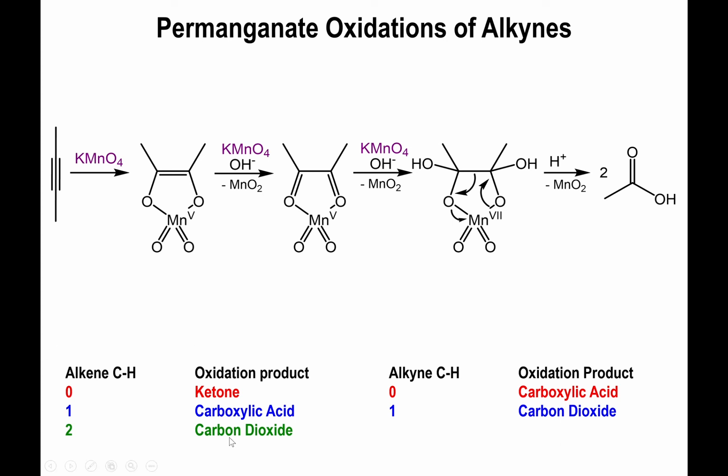This is the thing you want to really memorize in terms of what product you're going to generate. You still need to pay attention to the structure of your alkyne and alkene, but this informal mechanism is meant to give you an idea of what's happening and how you're forming these molecules.